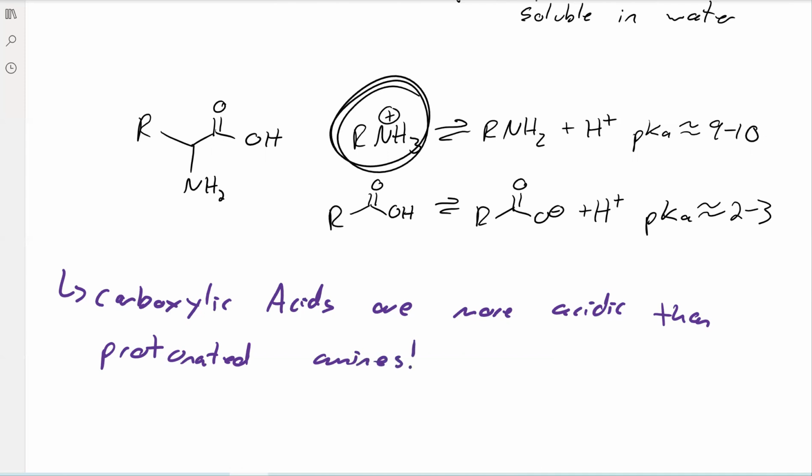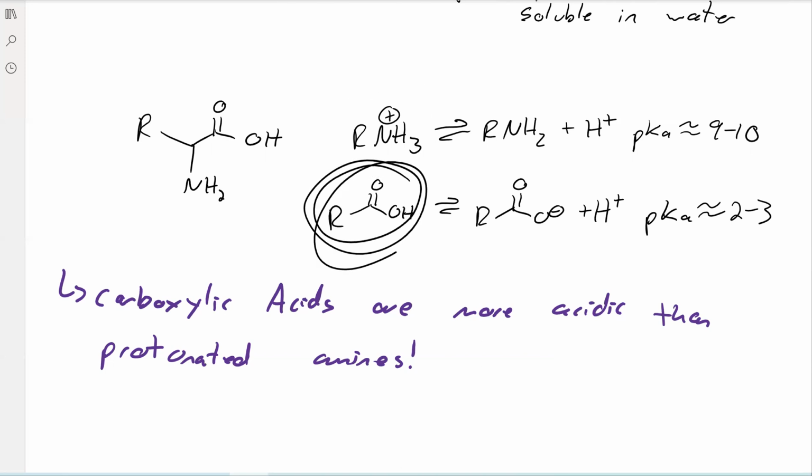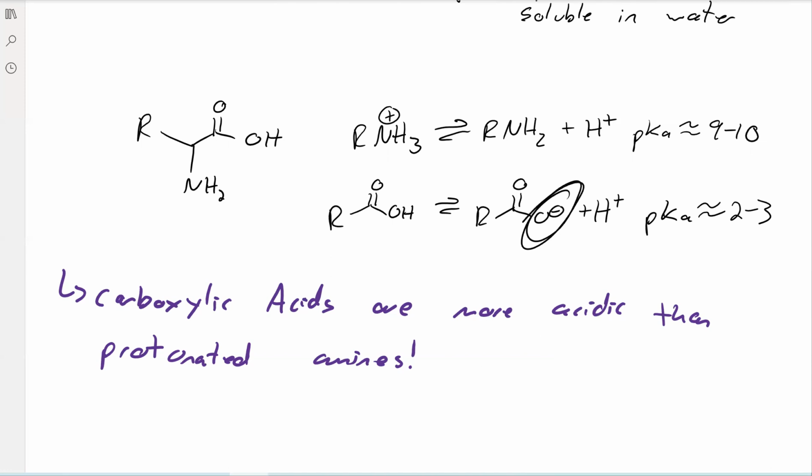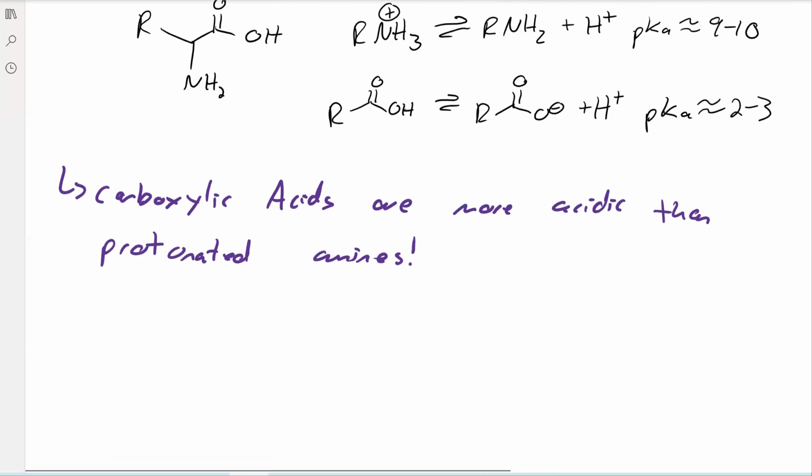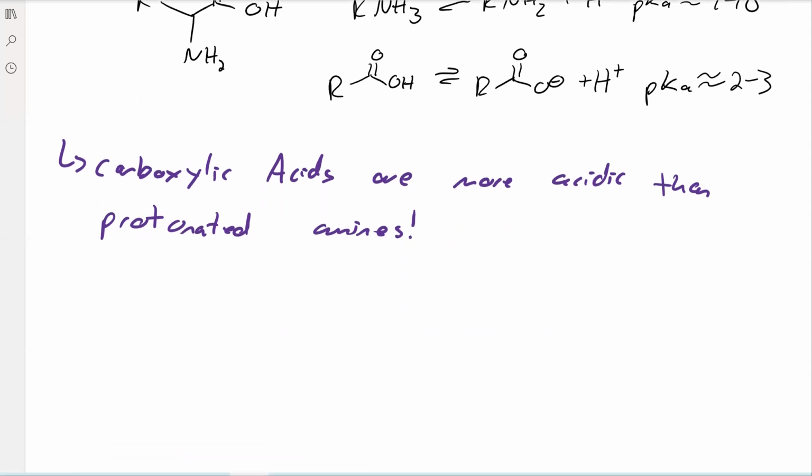Generally, when you see this positive charge, you think you have a more acidic component, but not in this case. This negative charge that does form is resonance stabilized between two very electronegative atoms, oxygen. So, it might not be how you thought of it at first.